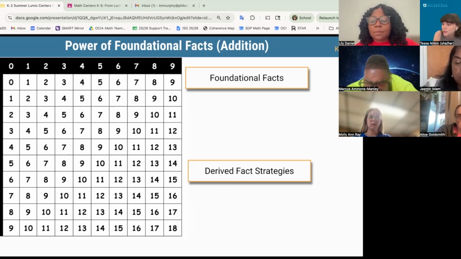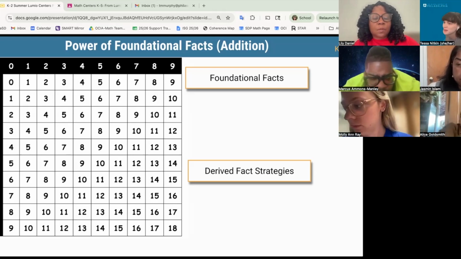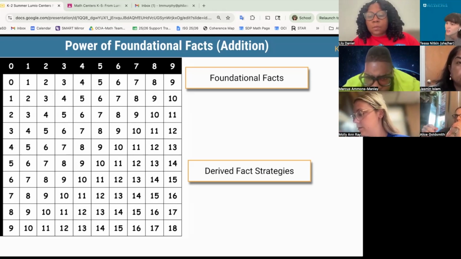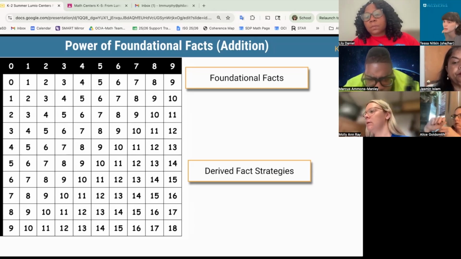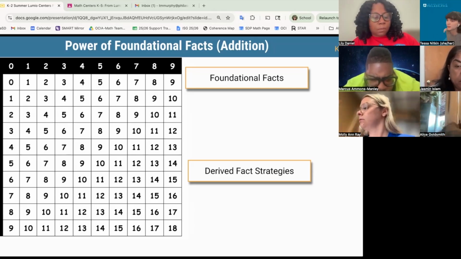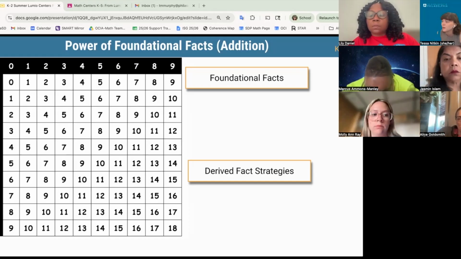Cool. Okay, so Monique, I see you're doing doubles. Yeah, any double, right? Where the two addends are the same. Cool. I see Jasmine also had doubles. Lily shared a double. Molly Ann shared a double. Awesome. So a lot of doubles, a lot of plus zeros I'm seeing. And 1 plus 1. Thank you, Jody.